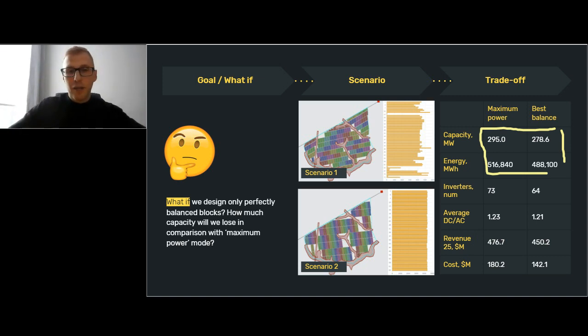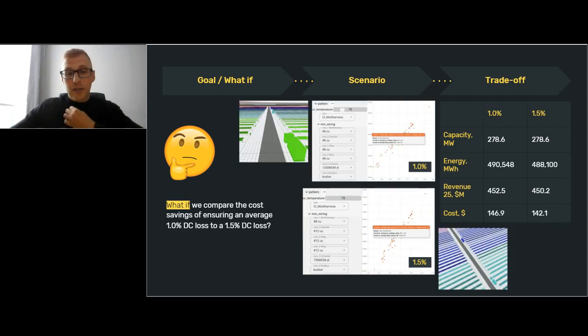So if we go further, we'll consider another case. This one is also very popular. The typical requirement in a request for proposal from an owner or developer is that we want to achieve 1% DC loss on average, and let's say maximum loss should be 1.7%.